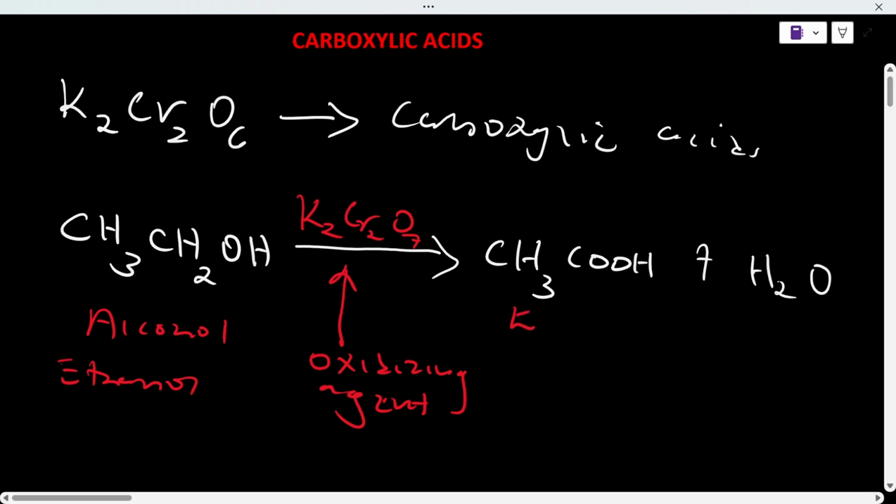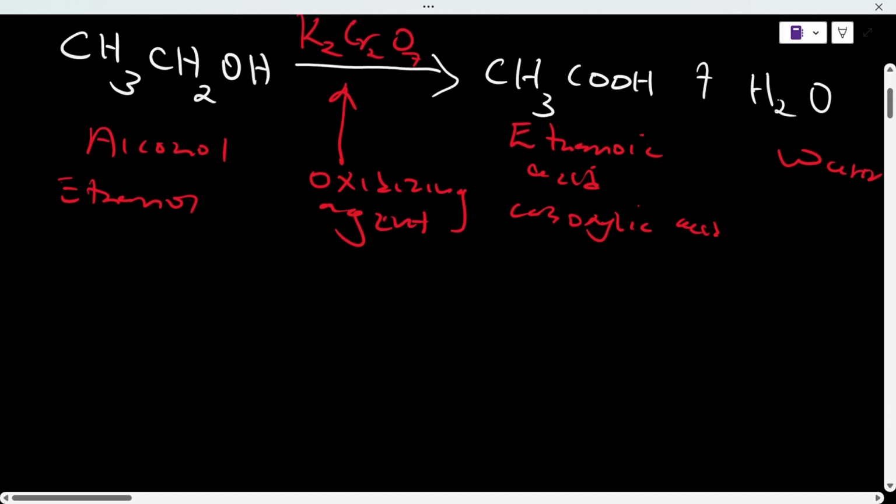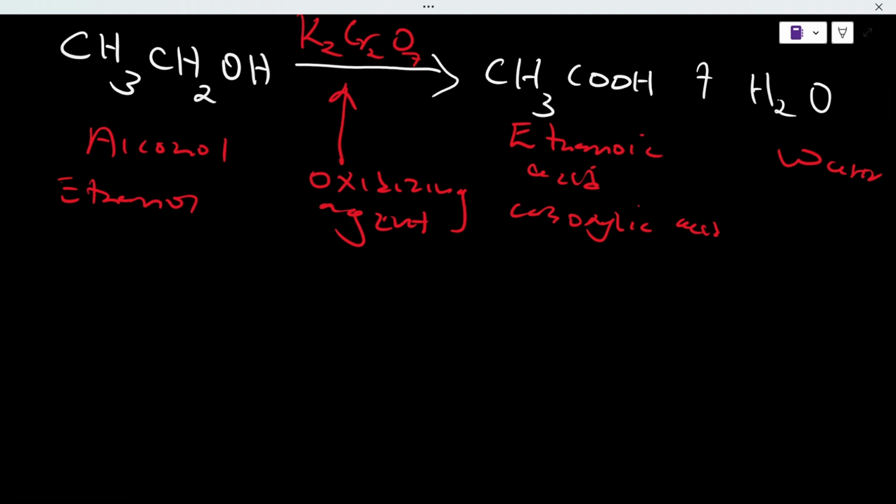Then I'm forming ethanoic acid, which is my carboxylic acid, plus water. That's the simplest way we can prepare carboxylic acids.